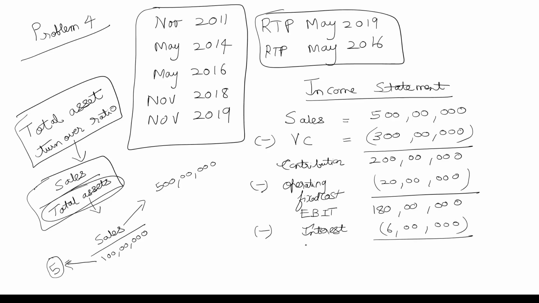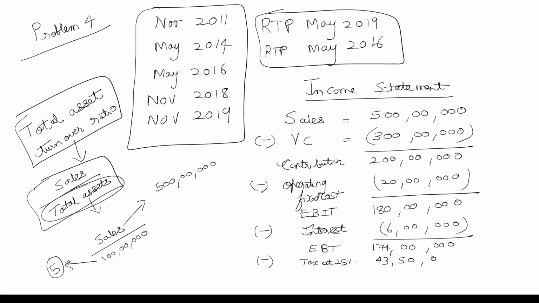So if I subtract interest, I get EBT, earnings before tax, 174 lakhs. The tax rate in this question is 25%, so minus tax at 25%. So I have to calculate 25% of 174 lakhs. So that is 43 lakhs 50,000. So let me subtract this number.